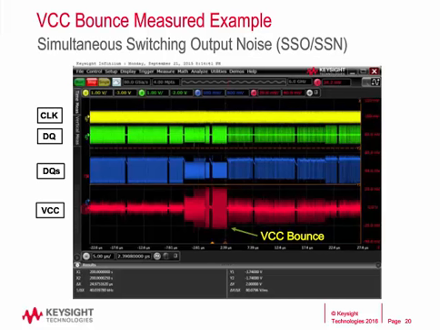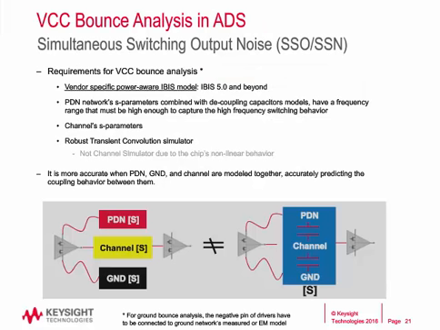We have to understand that there are requirements to do VCC bounce analysis in ADS. First, we must have a power-aware IBIS model to analyze the VCC bounce, which is supported by IBIS standard 5.0 and beyond. Second, we must have a good PDN model with all decoupling capacitors connected.